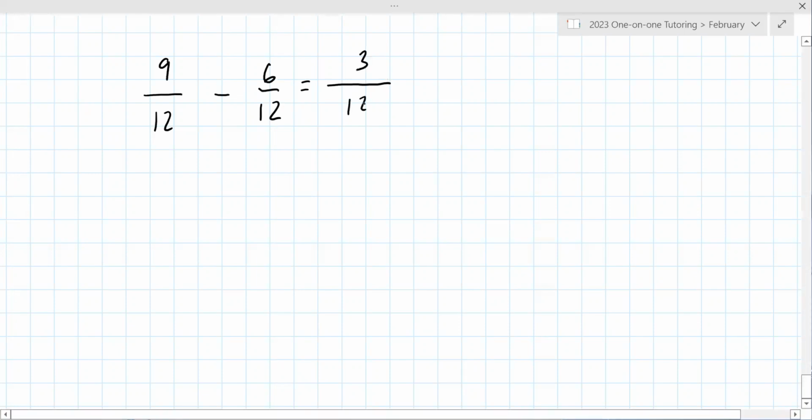Good. Does that reduce? Is there a number that goes into both 3 and 12? 3. Good. What is 3 divided by 3? 1. Okay. And 12 divided by 3? 4. Okay, good.